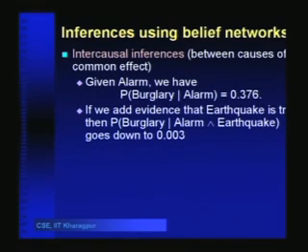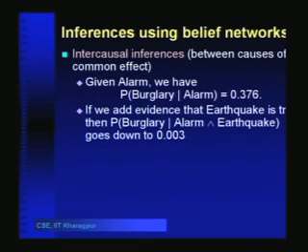Okay, then intercausal inferences between causes of a common effect. So given alarm, the probability of burglary given alarm is 0.376. If we add evidence that earthquake is true, then the probability of burglary given alarm and earthquake goes down to 0.003.